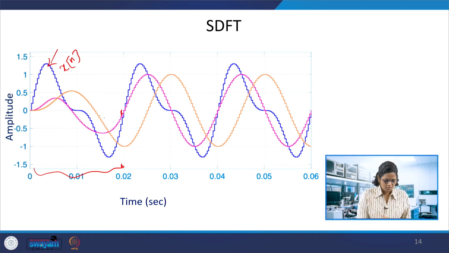This is chosen for k equal to 1, to extract the fundamental. After this you can see the pink one and also the orange one, both of them. So here is the sinusoidal signal, and this is the quadrature signal. So you have the in-phase and quadrature components taken out from the SDFT.